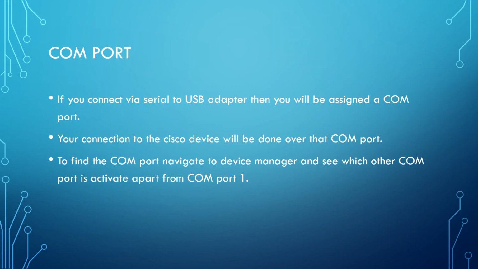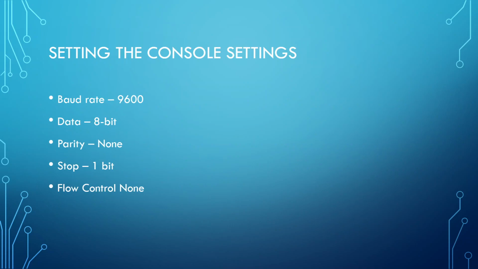To find the COM port which has been assigned to your serial or USB adapter, you would navigate to your Device Manager and look for the next COM port which is active apart from COM port 1.